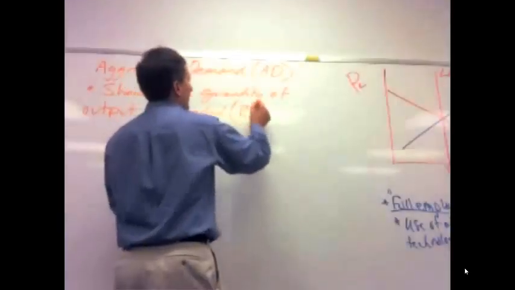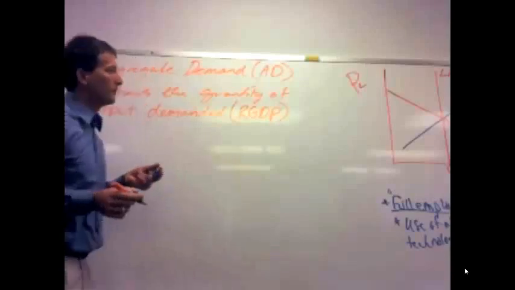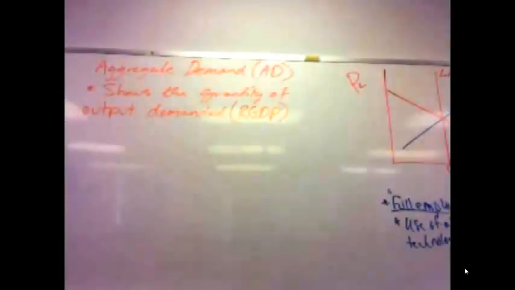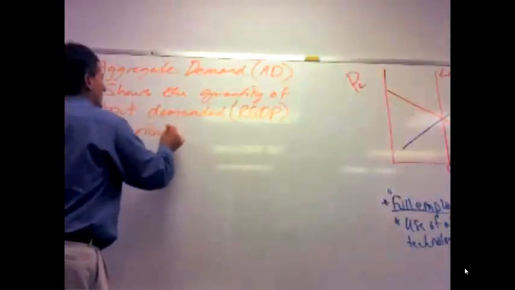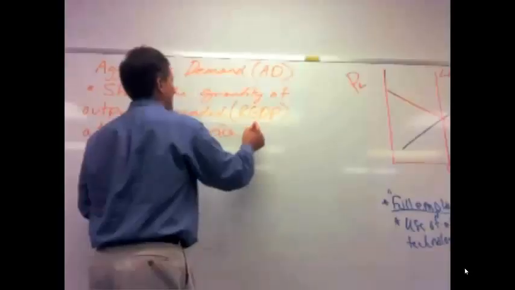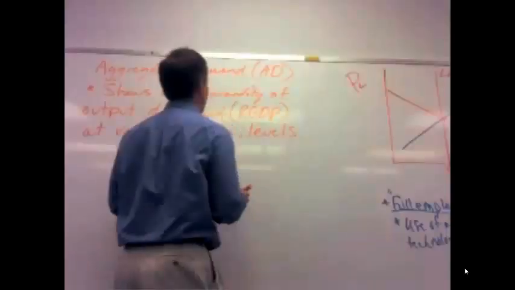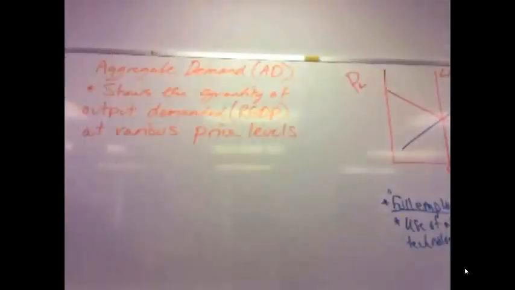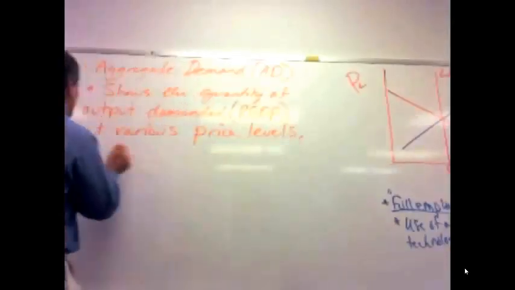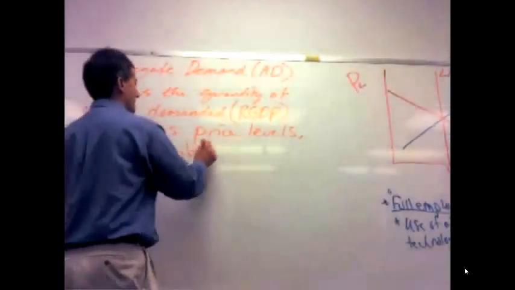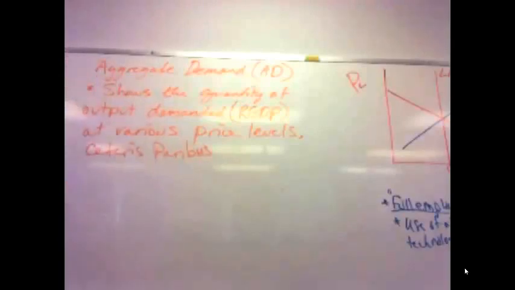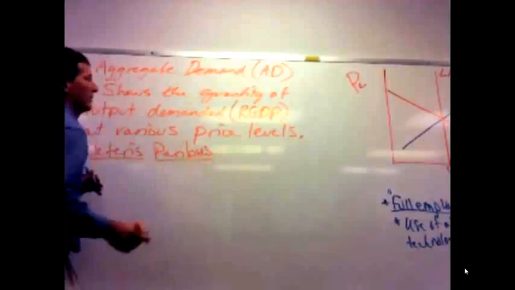Quantity of output demanded, which is real GDP, at various price levels. Ceteris paribus. Holding all other things constant. We're going to spend more time on those things. I'm just going to leave it a little generic for now.